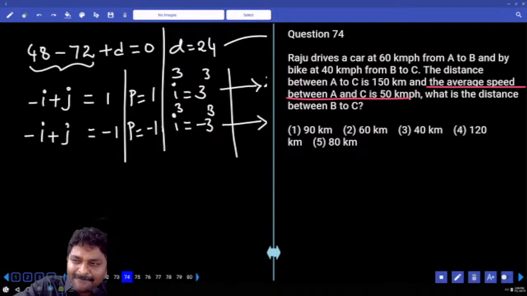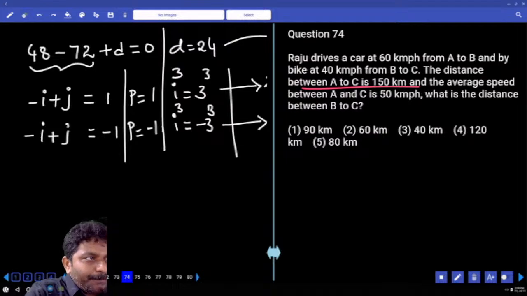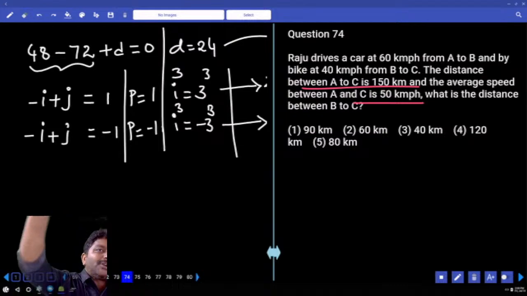They asked for the distance, right? Fine. What is total distance from A to C? What is average speed? Average speed means total speed maintained for the entire journey only. Total distance over total time, which is average.